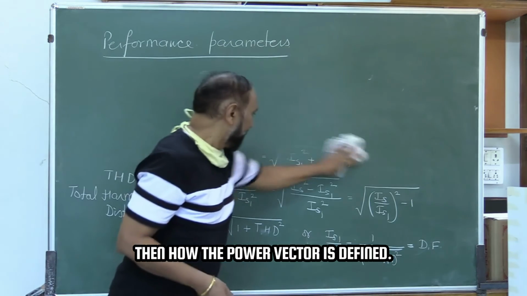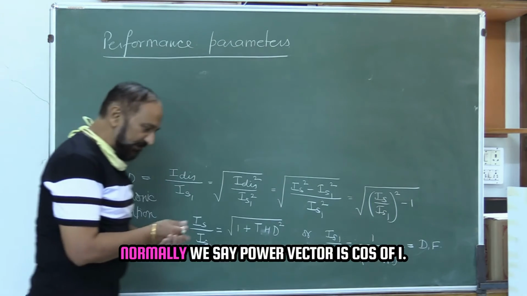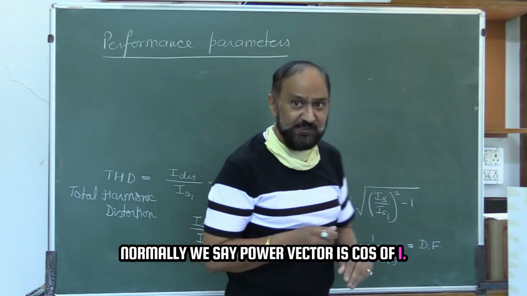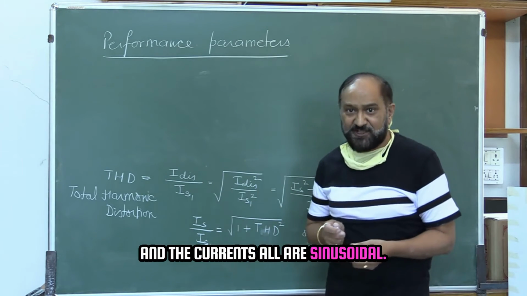Then, how is the power factor defined? Normally we say power factor is cos of phi, but that is the case when voltage and current are all sinusoidal.